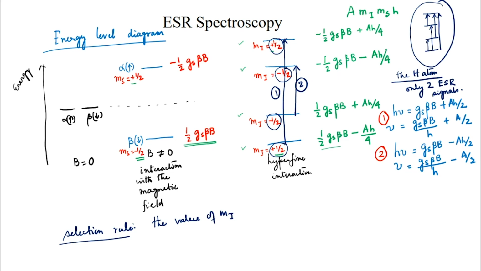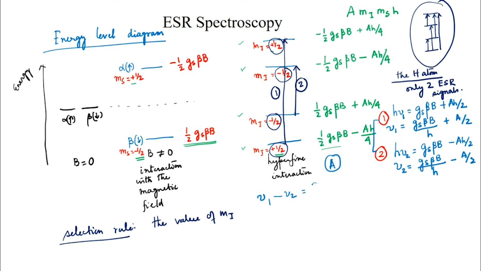Now if we compare these two transitions, the energy difference between 1 and 2 is nothing but A. Let us write this as h nu 1, that is nu 1, and h nu 2, that is nu 2, and take nu 1 minus nu 2.